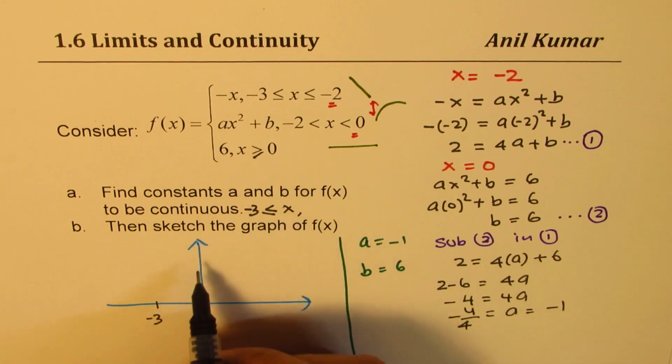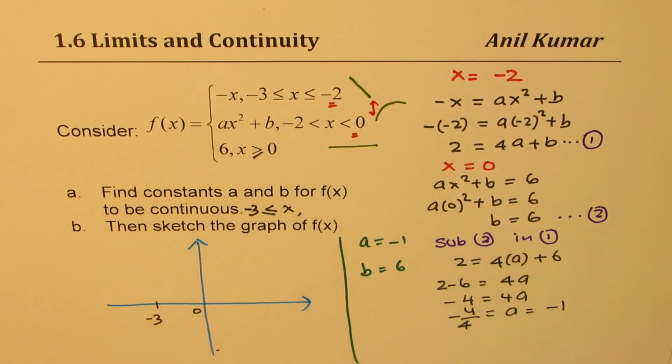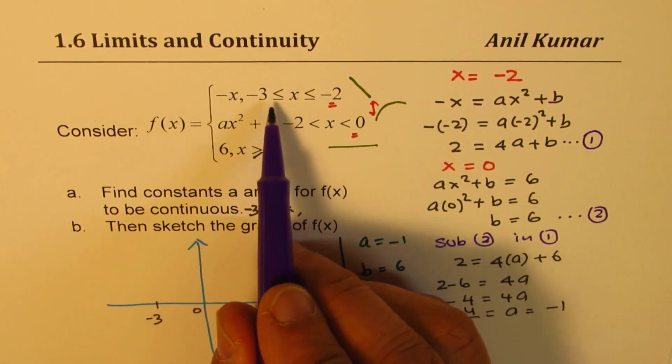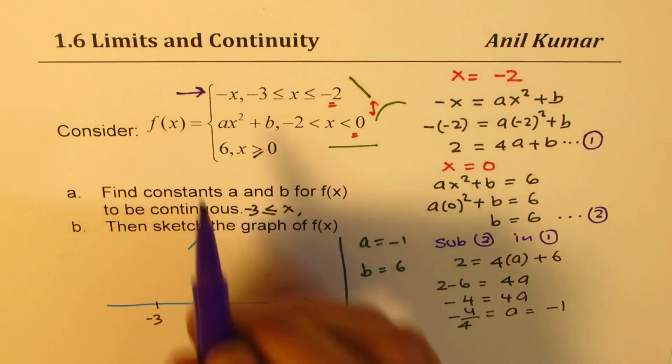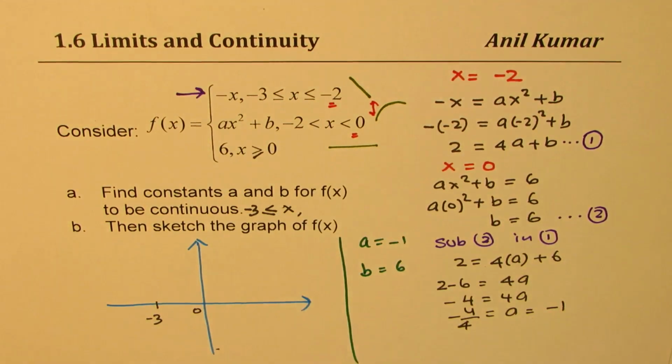Okay. So let's say somewhere here, we'll scale it as we move along, right? Now the first part here is that when the function is at this point, which is between minus 2 and minus 3, it is minus x.